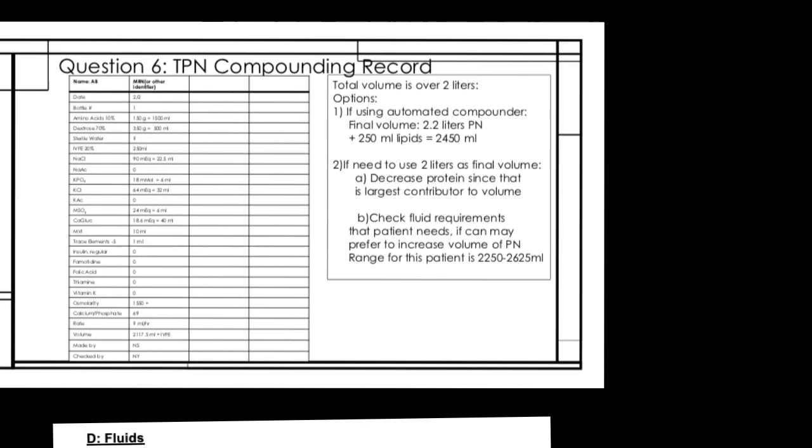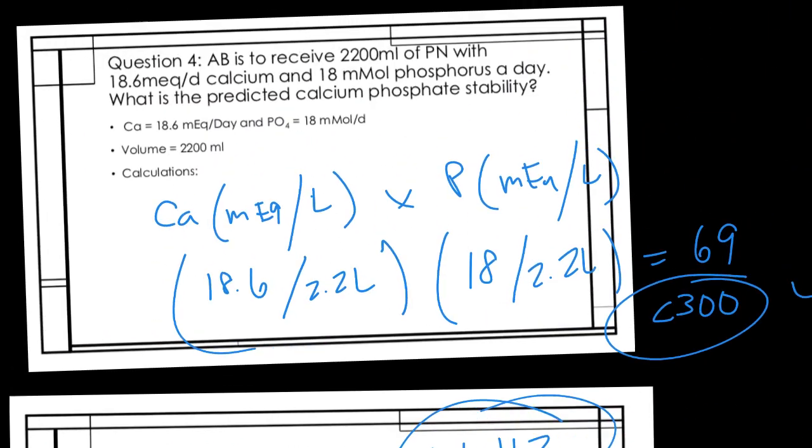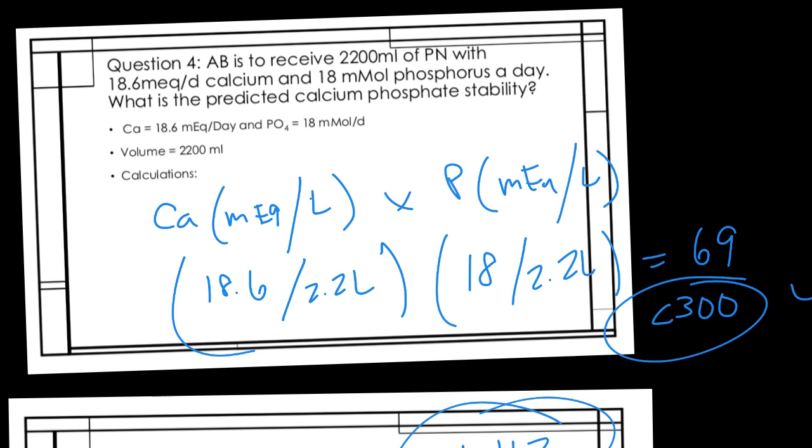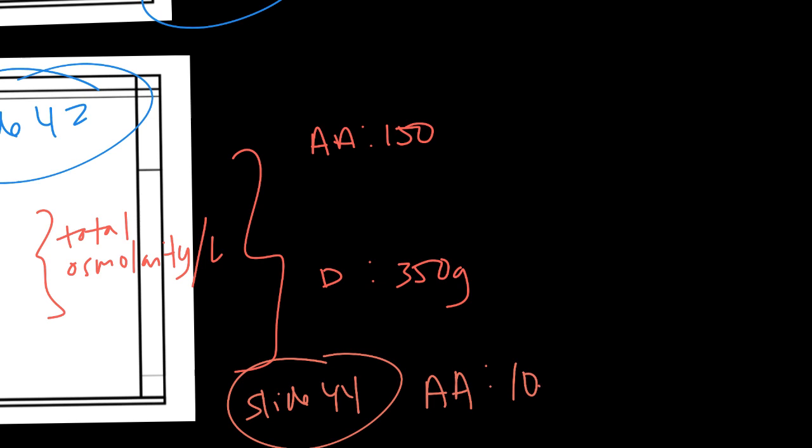I know my concentration. So per slide 44, check slide 44. My amino acid is 10 milliosmol per gram, and my dextrose is 5 milliosmol per gram.